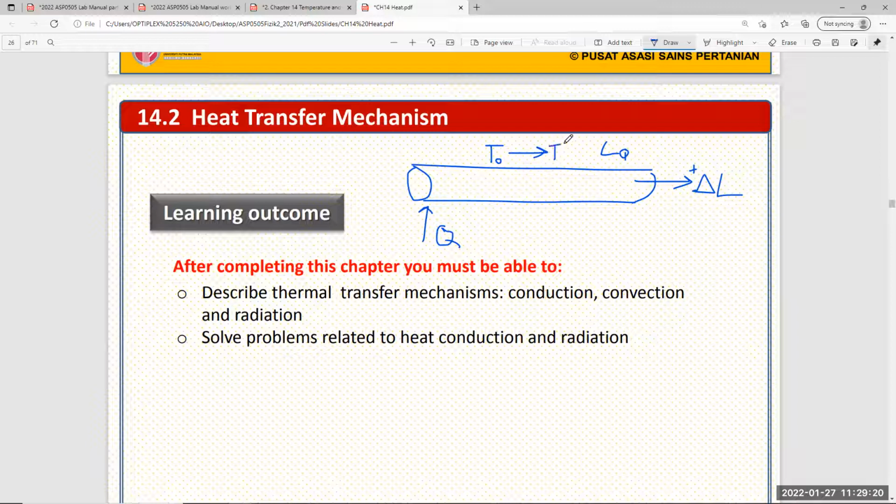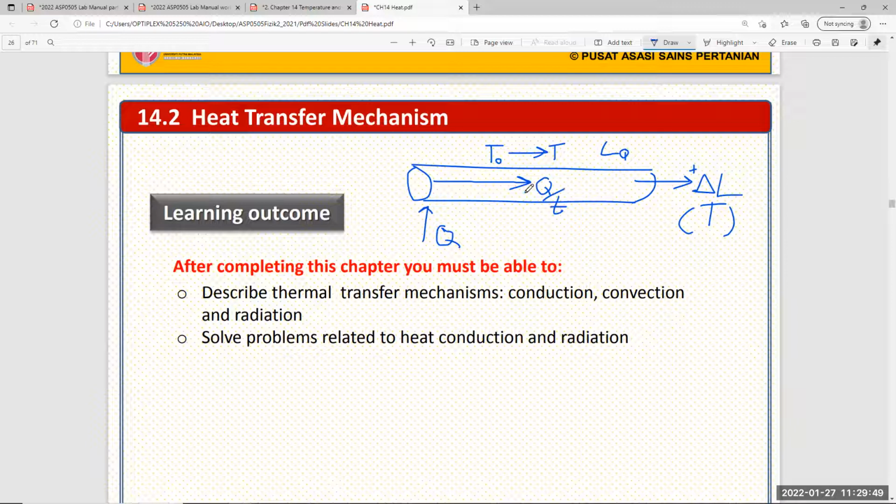Okay, so with this expansion of T, we say that if we heat up this metal, this solid, the heat will transfer at some rate, and this is what we call the dynamic of the heat.